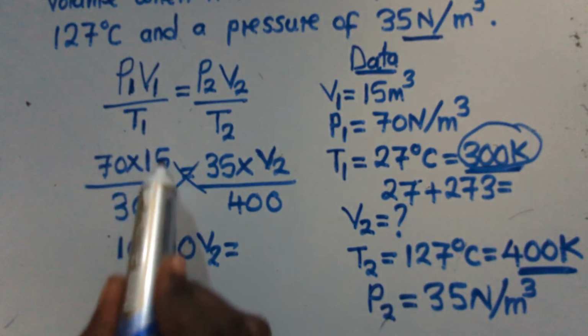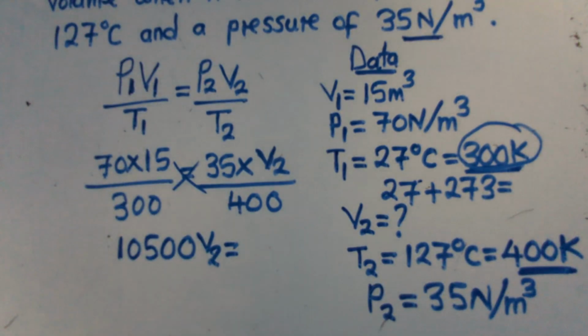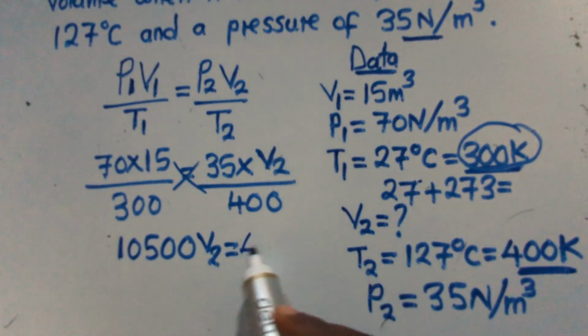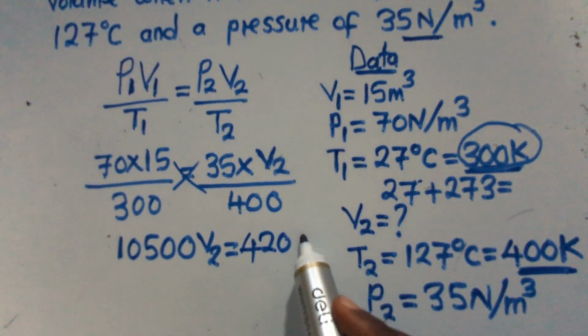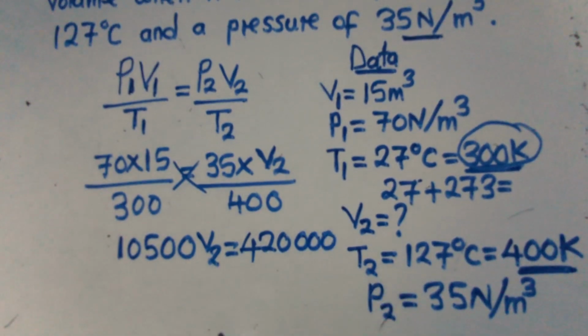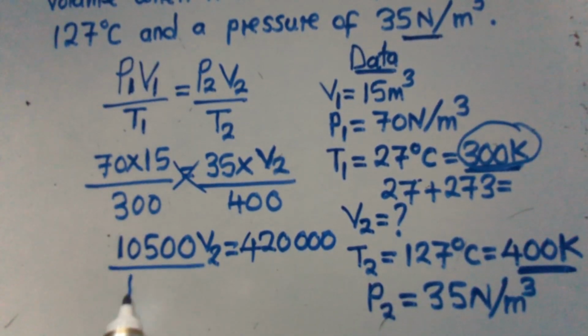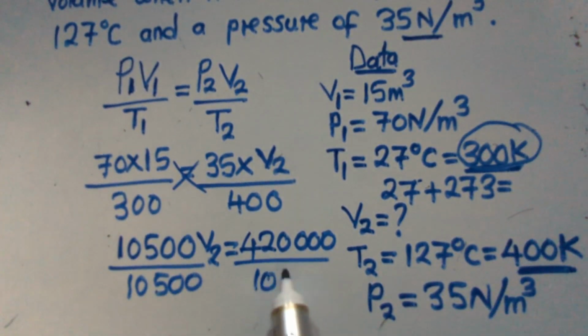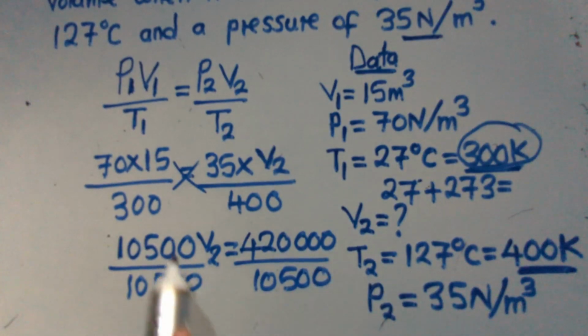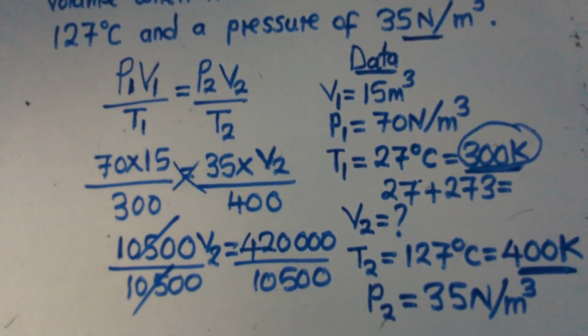The 1,050 that I'm getting here, I multiply it with 400. What answer am I getting? I'm getting 420,000. I divide both sides by 10,500, so these two are going to cancel.